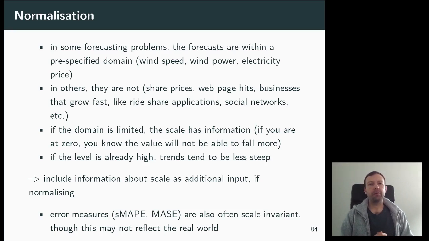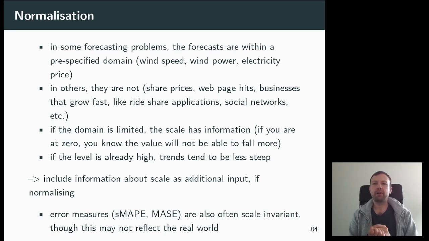I would argue there are actually very different forecasting problems. In some forecasting problems, the forecasts are within a pre-specified domain. An example could be wind speed. You know that wind speed will always be between 0 meters per second and 25 meters per second, maybe 30, but that's already a very, very strong storm. Wind speed will never be 100 meters per second.